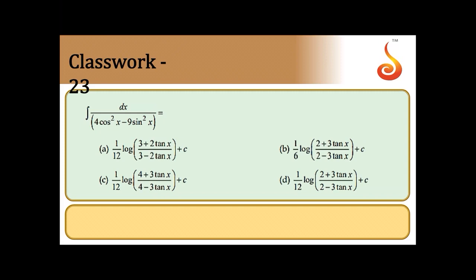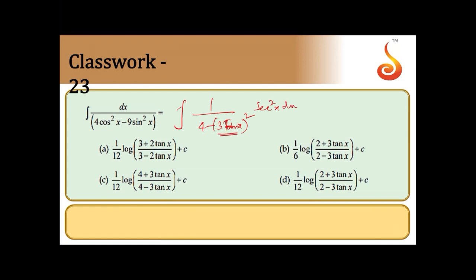Yes, of course, this can be written as 1 divided by 4 minus 3 sin x by cos x, and 3 sin x by cos x means 3 tan x, taken whole square, and 1 by cos square x will become secant square x dx.